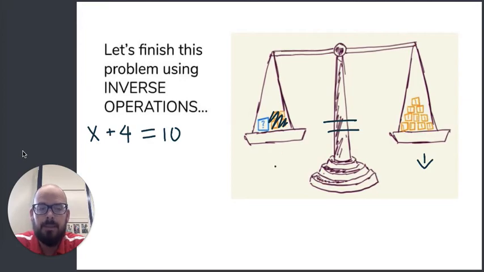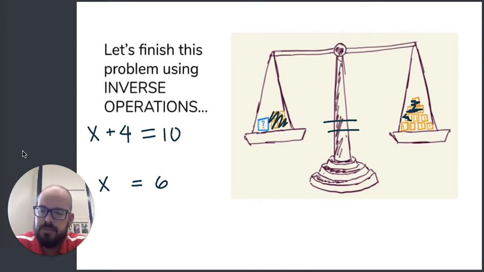There's no balance. There's no equality between the two sides. We don't want that. So we had to take 4 blocks off of the right side. And that let us know that our unknown value is equal to 1, 2, 3, 4, 5, 6. Our unknown value was equal to 6. Now that's great. We solved it.